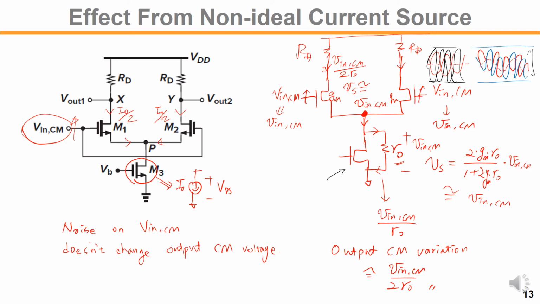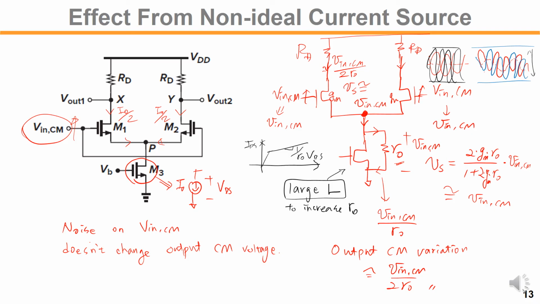So it is good to have a high output resistance from the current source on the bottom. To do that, we typically use a large L to increase RO. Okay, so RO is found by the characteristic from VDS and IDS, right? So the slope is 1 over RO.